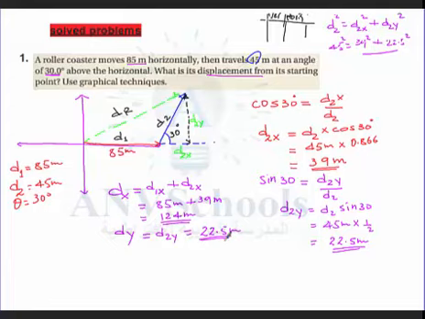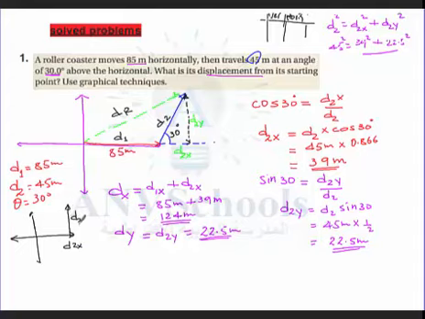Our problem is not yet solved, by the way. These are the total displacements along the y and x axes. We want to find dr, the total displacement. Now I can redraw this. Here I have d2x, and here I have d2y.